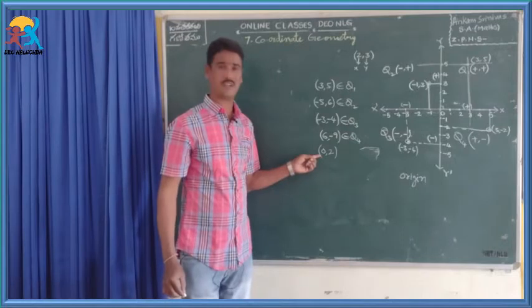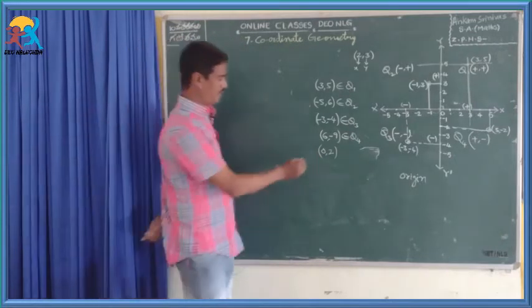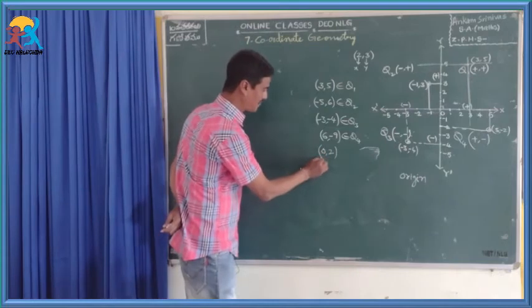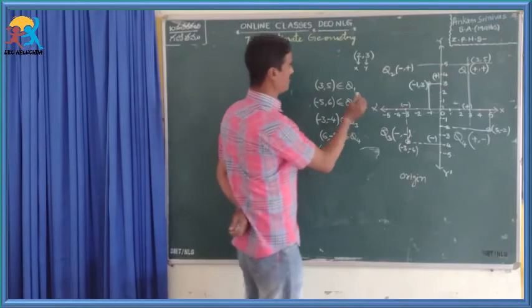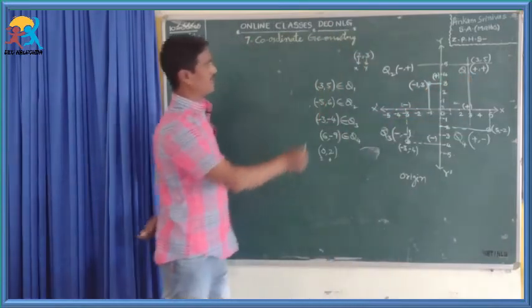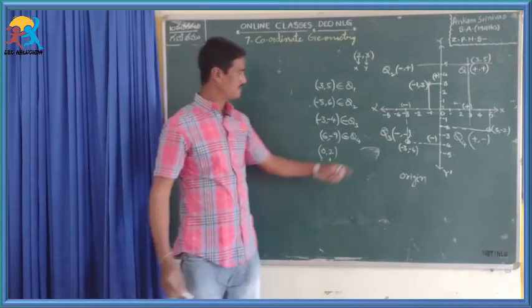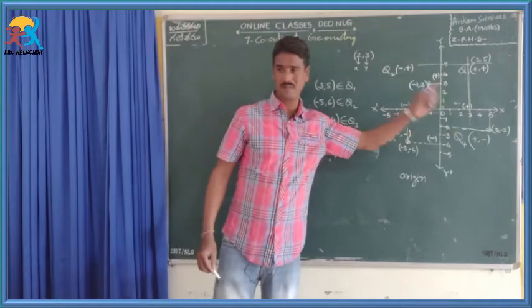It is not positive, and it is not negative. Now we can take the plus or minus signs: the first quadrant is plus comma plus, the second is minus comma plus, the third is minus comma minus, and the fourth is plus comma minus.